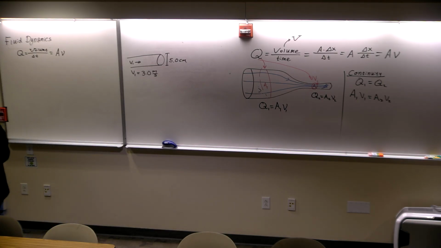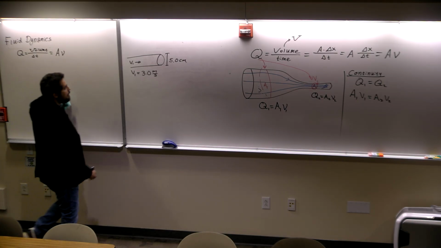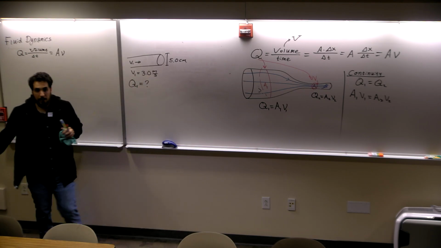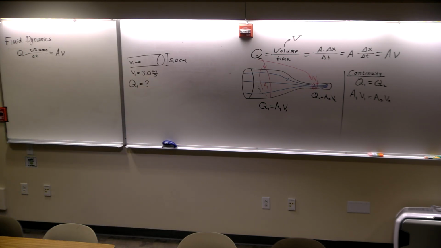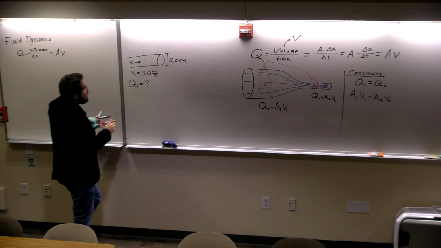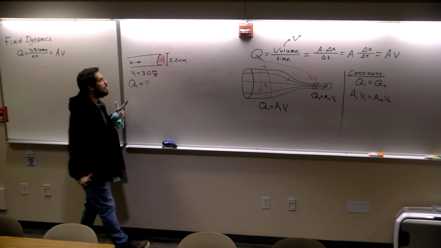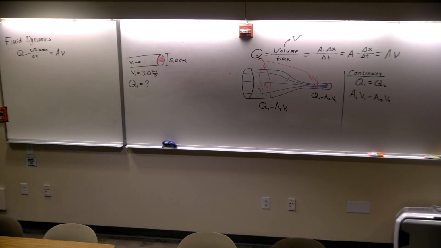With this, we can calculate some flow rates. Q1, we'll do that shortly, equals some value. Now again, I said that if you've ever played with a garden hose and you've ever covered the end, you'll see that it speeds up the fluid. So let's say we cover up part of the end of our garden hose. What does that do?